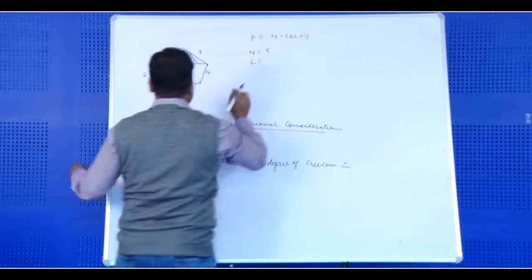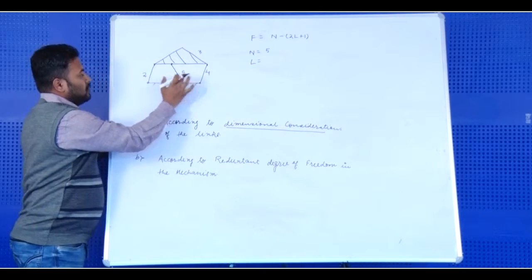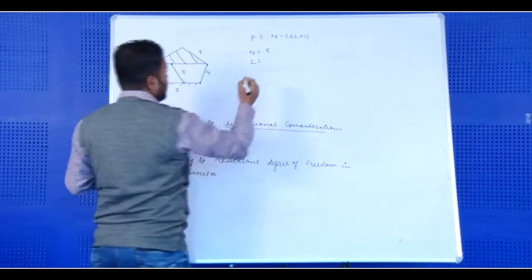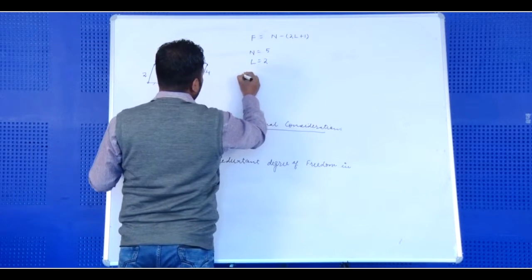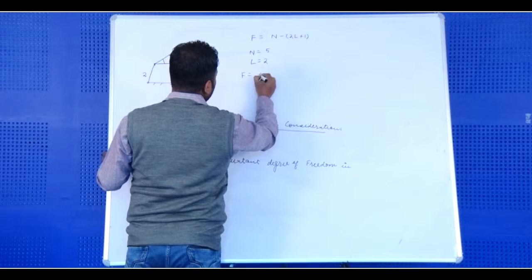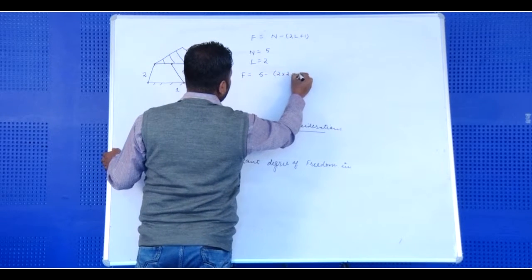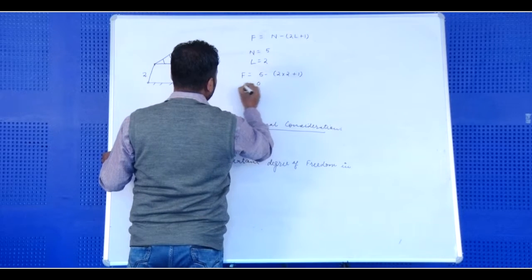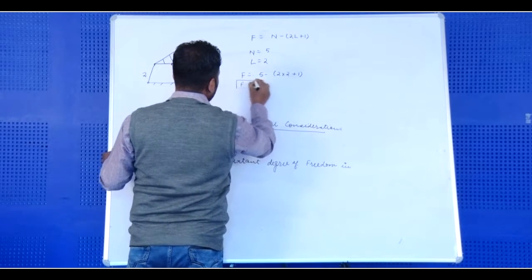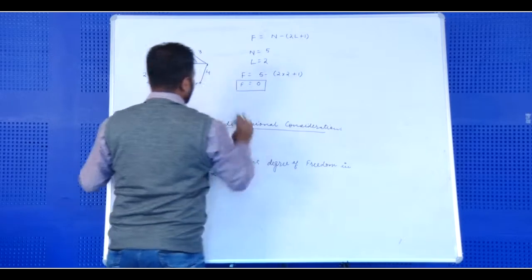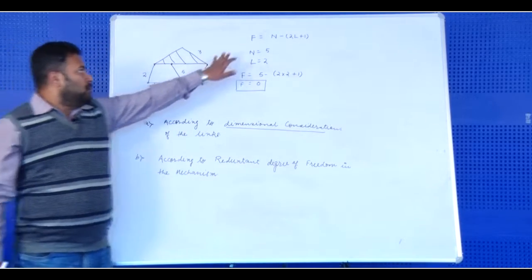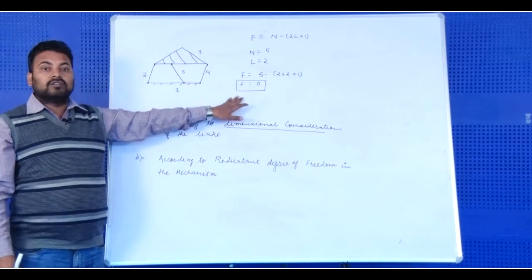Number of loops, this one is the first loop and this one is the second loop. There are 2 loops, so L is equal to 2, and the degree of freedom now comes equal to 5 minus 2 into 2 plus 1. F is equal to 0. Its degree of freedom by Rattan's empirical formula comes equal to 0.